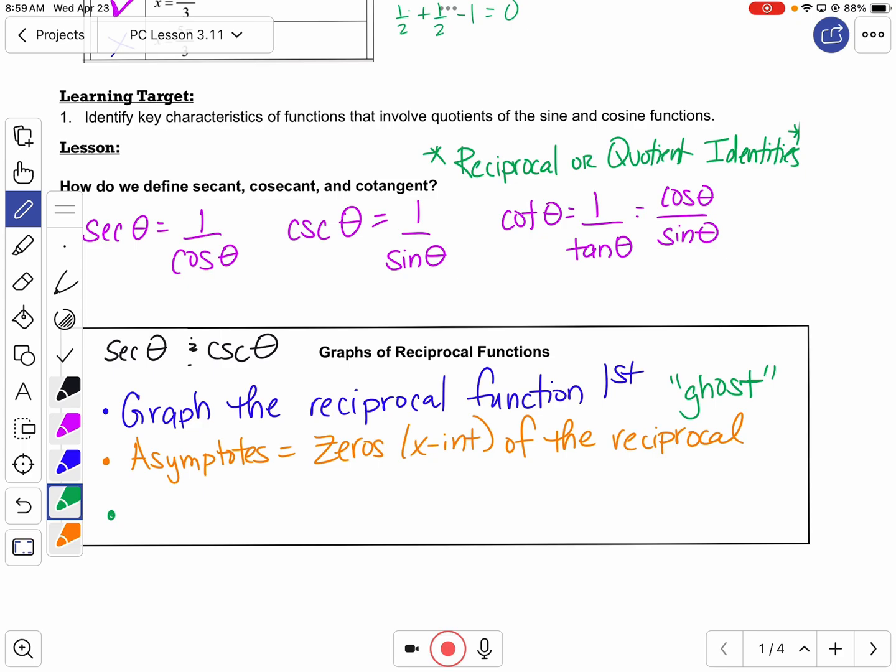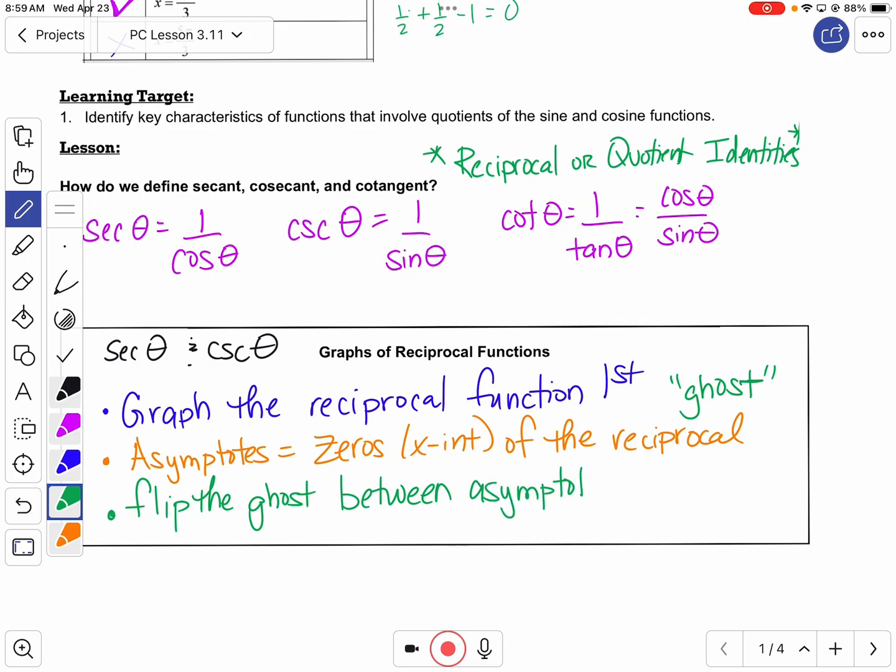All right, so now this is where we actually get the piece of the function we want, the graph that we want. You're going to find that between your asymptotes, your ghost function's either going to have a maximum or a minimum, because of the nature of what our graphs are. So what we're going to do is flip the ghost between the asymptotes. And you're like, Ms. Moore, this is voodoo. It's really not.